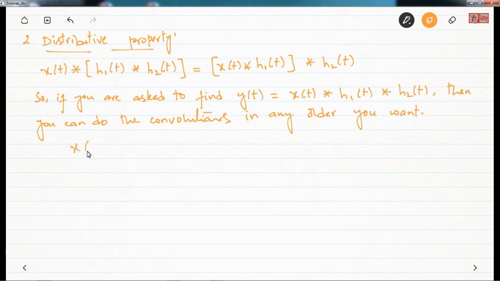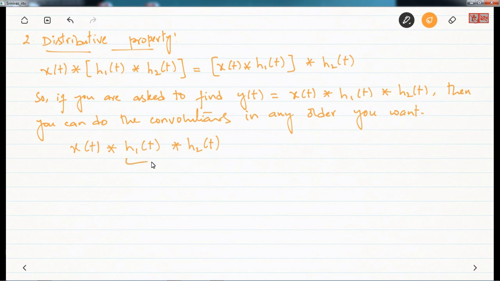Meaning you have to solve the convolution of 3 signals. Think that you have to obtain the convolution of x of t with h1 of t with h2 of t.